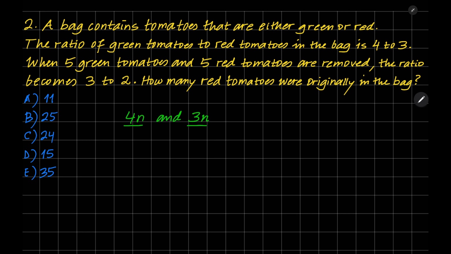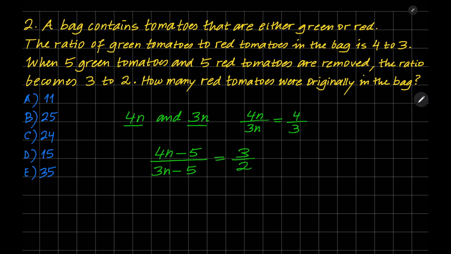In this way, we can be sure that the green to red ratio is 4n over 3n, which is equal to 4 over 3. Now we need to solve the equation (4n minus 5) over (3n minus 5) equals 3 over 2.